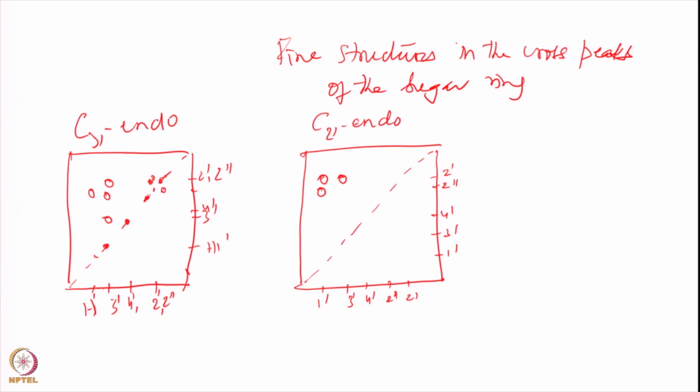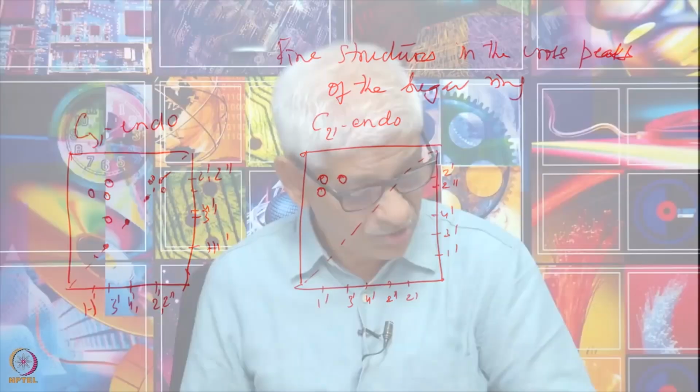So how do we measure these coupling constants? In order to do that we must be able to understand what the fine structures in these peaks are. Okay. So let us take a particular peak, let us say cross peak 1 prime 2 double prime, for a C2 prime endo geometry.